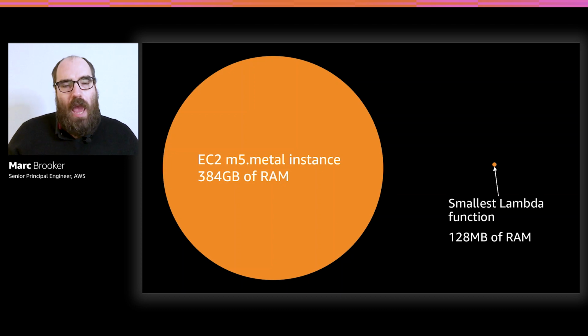And so the problem that we have, and partially the opportunity we have, is that we can fit hundreds or thousands of these smallest size workloads onto a typical machine. That's a problem because we need to figure out a way to do that securely, and with great performance and great scalability.